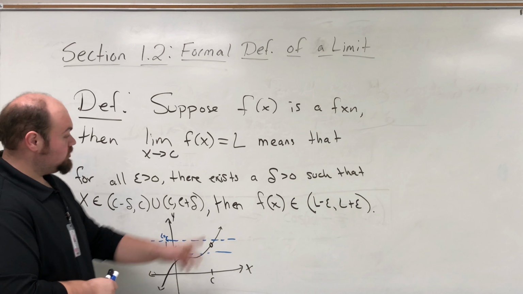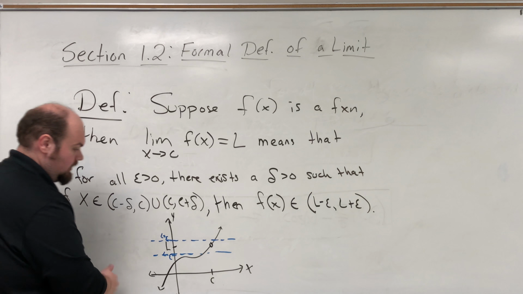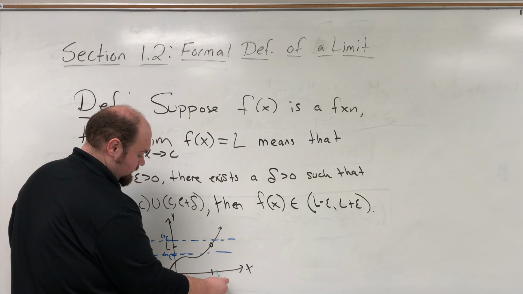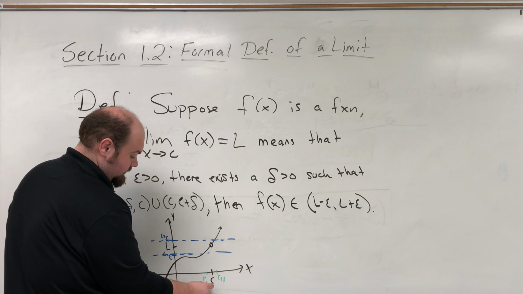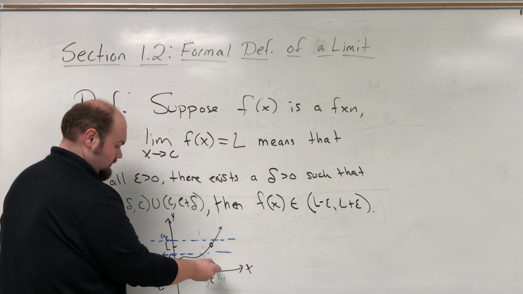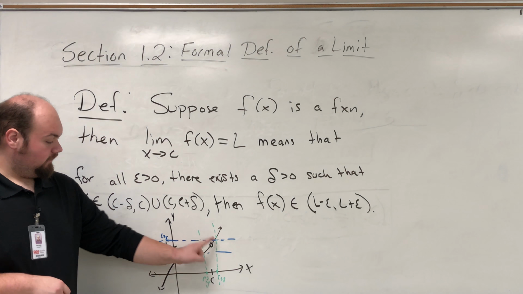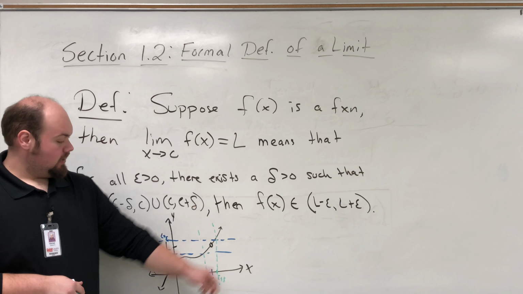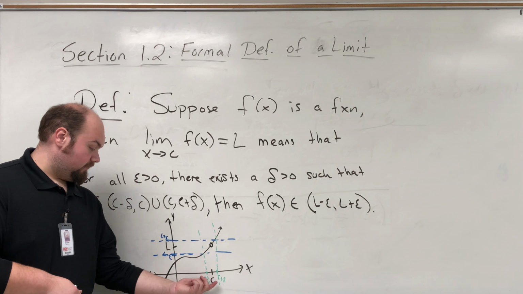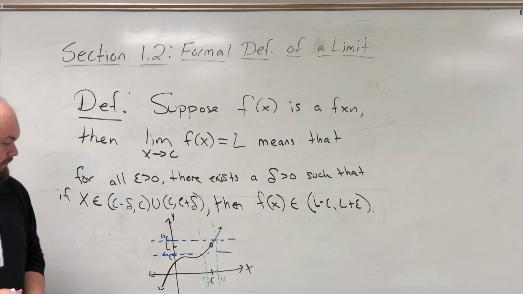And there will then correspond some delta greater than 0 that's a little bit above c, we'll call that c plus delta, and a little bit below c, c minus delta, such that you create a delta band around the point c, and all of your function values are within this band, because there must exist such a delta given this epsilon band.